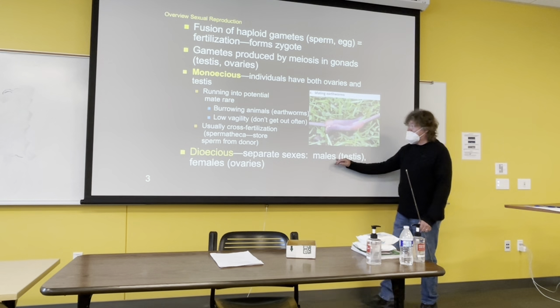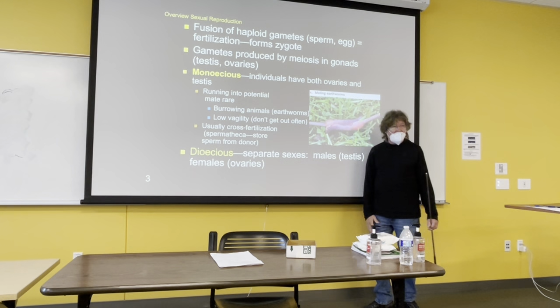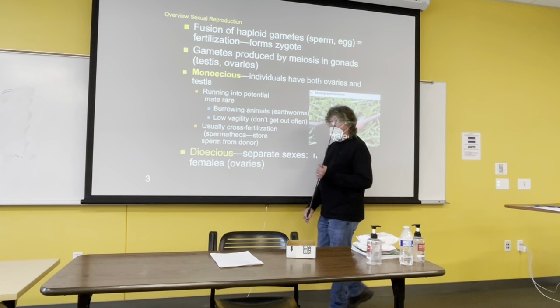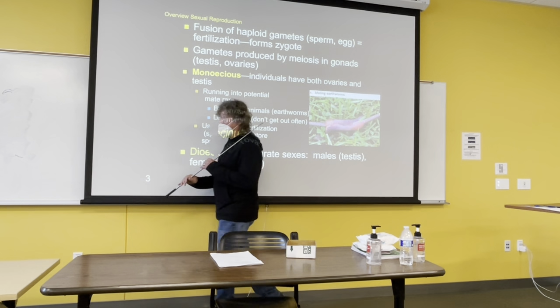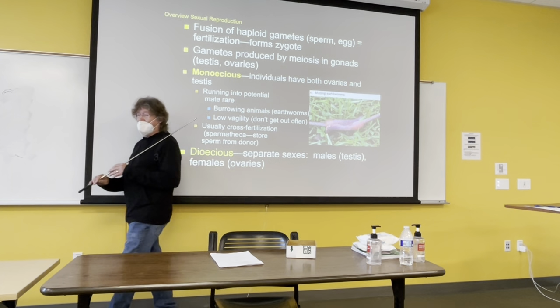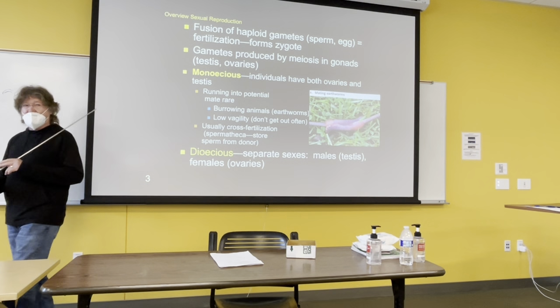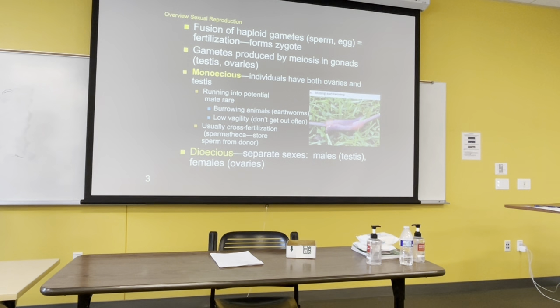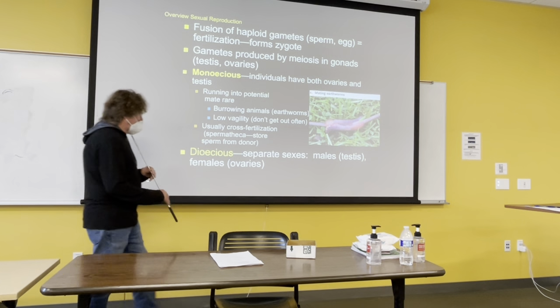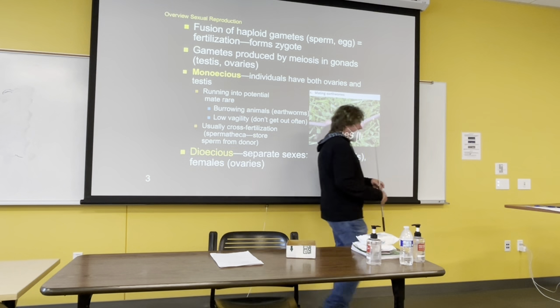Other animals have separate sexes, they're dioecious. Okay, so one type of individual in the population or in the species are males. They have testes and produce sperm. Others are females and they have ovaries and they produce ova, eggs.